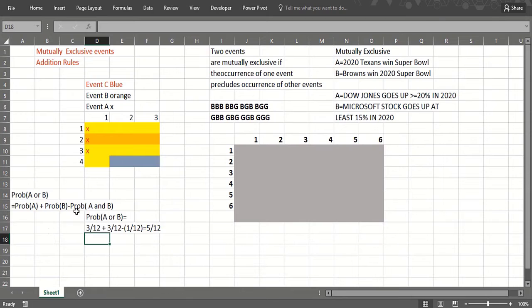But now if A and B are mutually exclusive, then the last term drops out because they can't happen together. The probability of A and B is going to be 0. And so our rule simplifies for mutually exclusive events: the probability of A or B, you just add them.